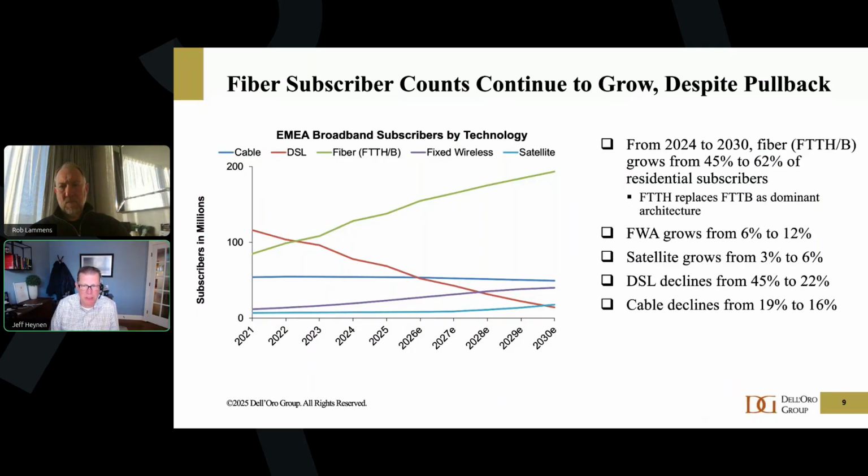So there's that initiative underway in many countries. By the end of this decade, we really expect to see the fiber market become dominant, and we will continue to see those subscriber numbers eat into more traditional copper, coax, and other technologies.